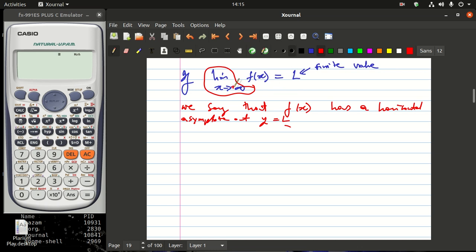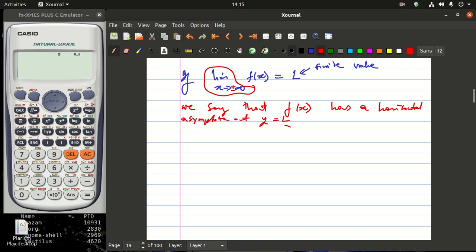So if I have this positive or negative infinity, I get L, we have a horizontal asymptote at y is equal to L. So because we are trying to analyze a function here, what is important is that this limit, as we keep increasing x, we want to actually find out if there are any horizontal asymptotes that we are getting as the function keeps going to positive infinity and also to negative infinity. So that is why we need this to completely analyze our functions.